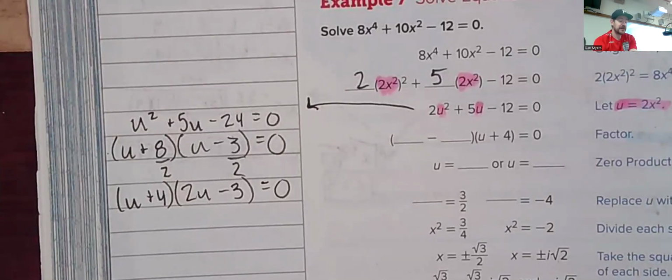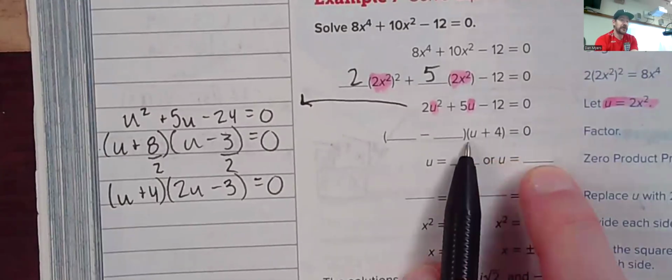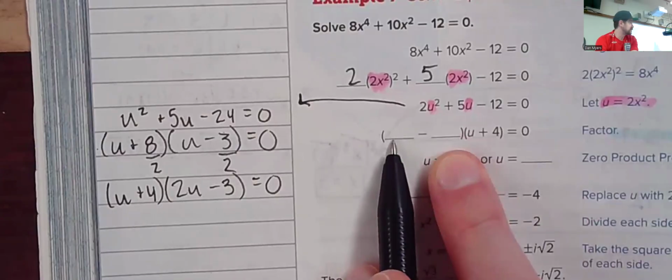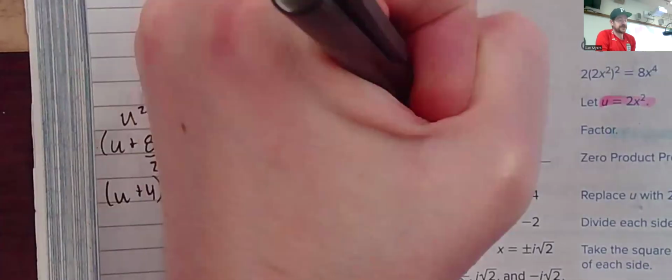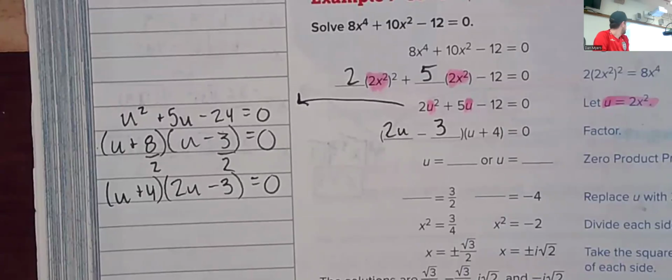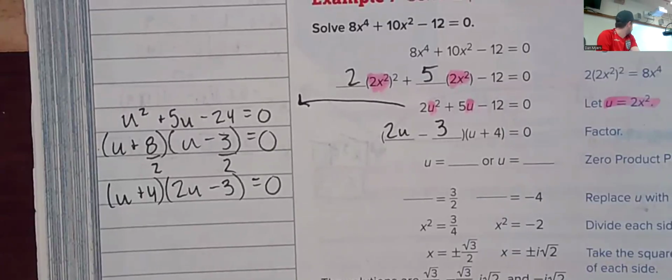And if you look back here, we've got the u plus 4 there already. So that means that this set of parentheses is going to be the 2u minus 3. So then we solve for u.